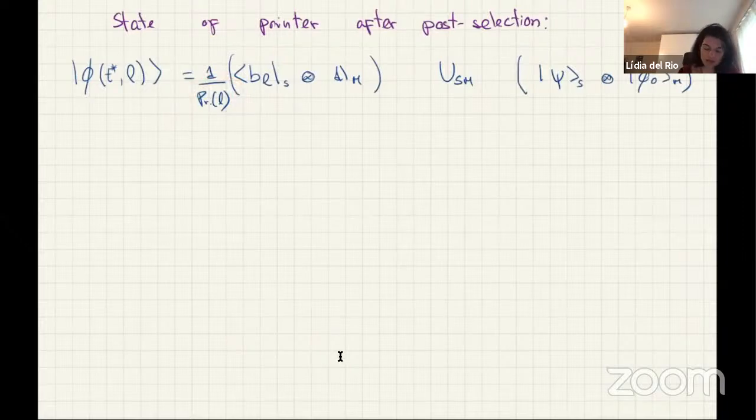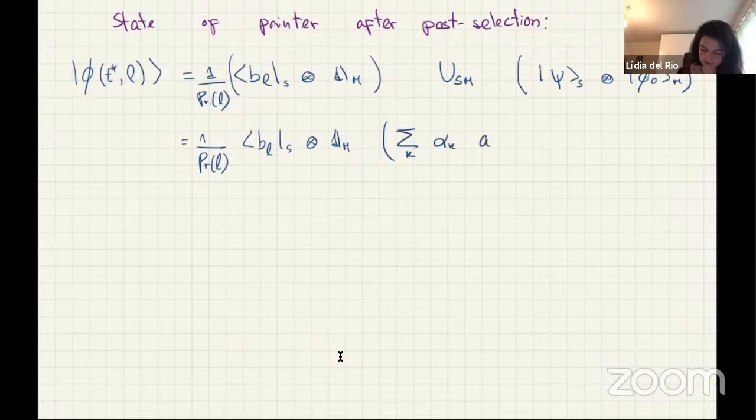So we get 1 over this probability of L, the L over S, identity on M. And now here we have this state that we saw before, sum over K, alpha K. Okay, and let's keep it general, so this could still be the alpha K on the measurement device.